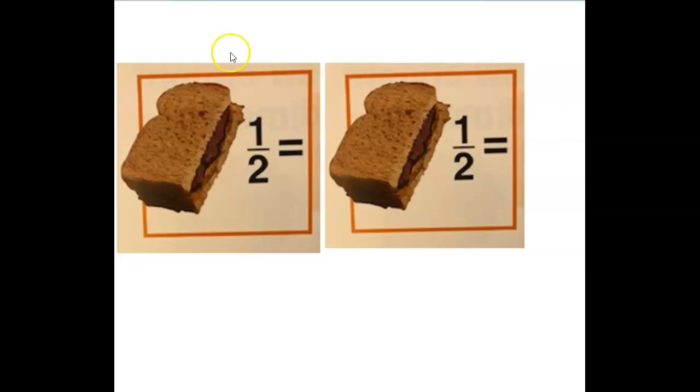We would have 1 part of 2, or we could have this part, 1 of 2. Let's take a look. Peanut butter and jelly looks pretty good.